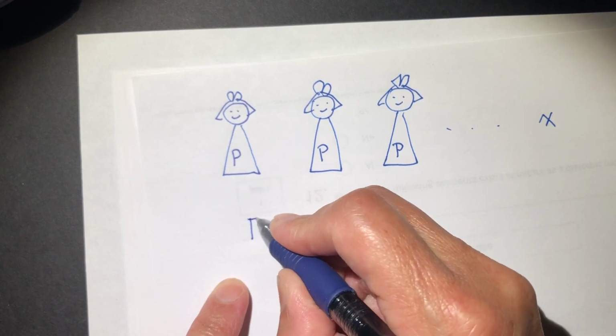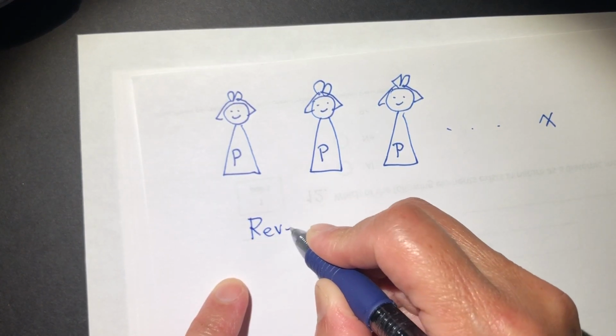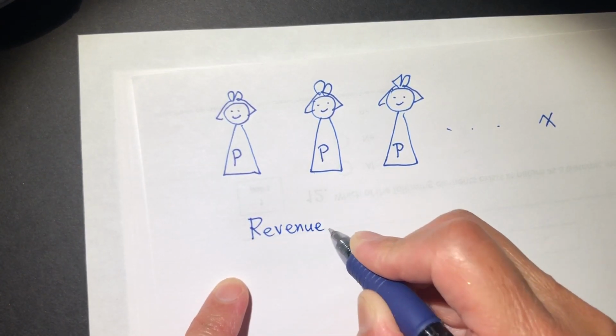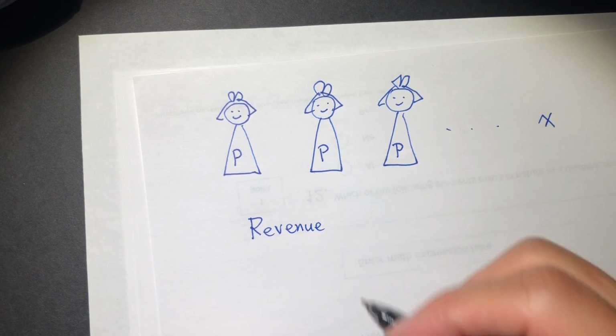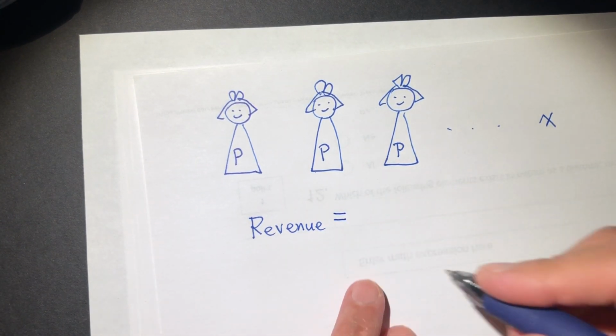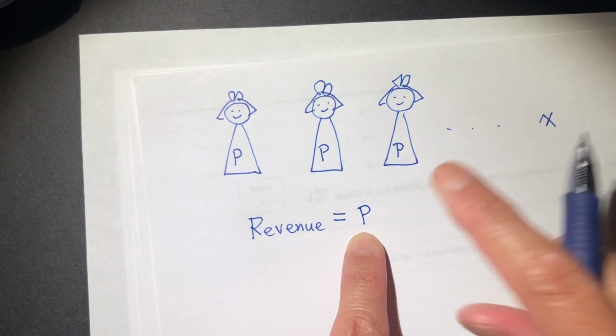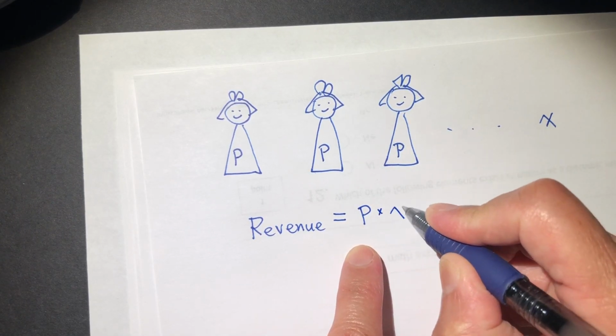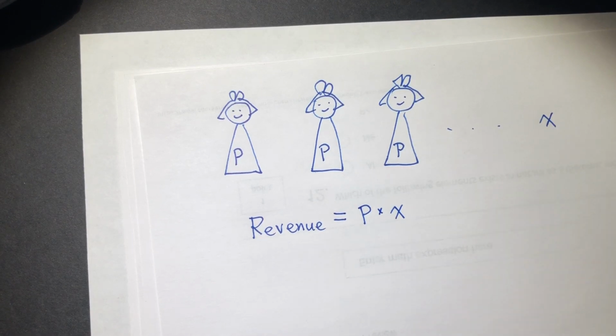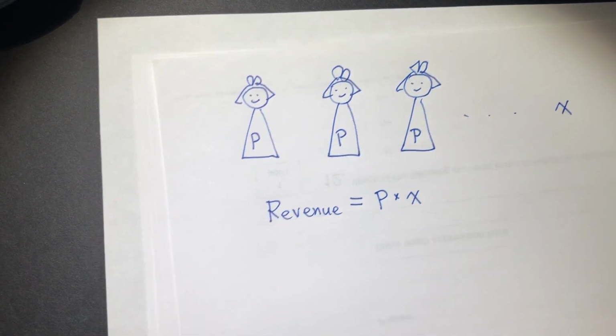And Miles' annual revenue at the end of the year equals the price of each toy times the number he sells. It's PX, right?